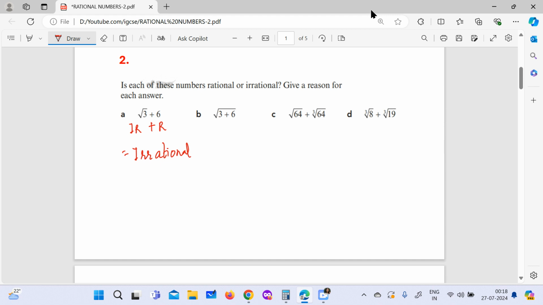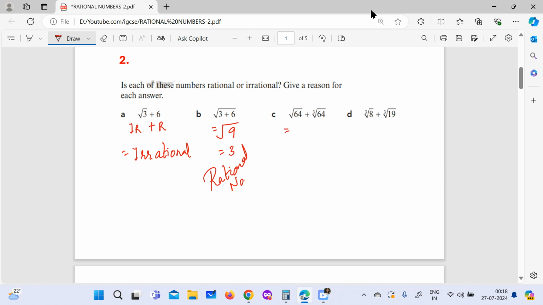Now, the next one is root 3 plus root 6. What we can do is first add the numbers, so you get square root of 9. And we know that square root of 9 is nothing but 3. So this is a whole number, and we can say this is a rational number. Now the next number is root 64 plus cube root of 64.